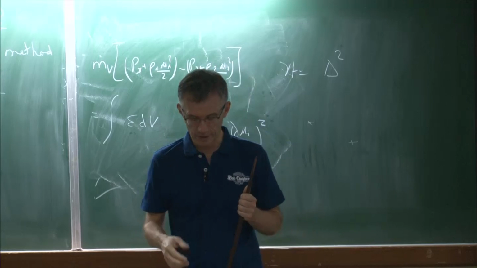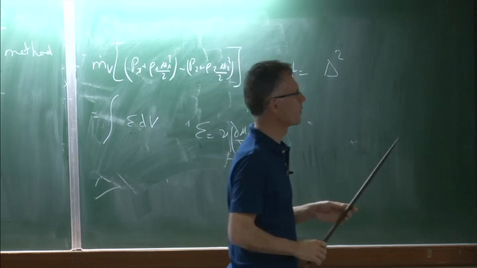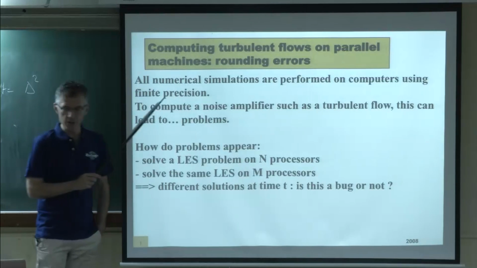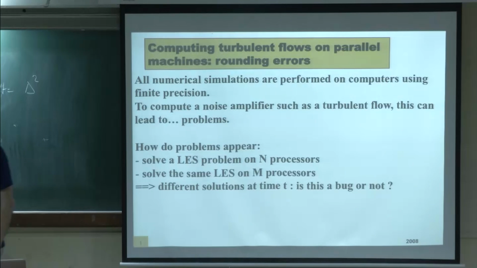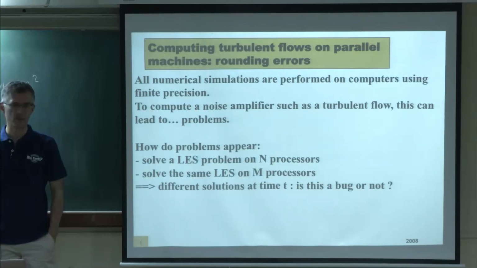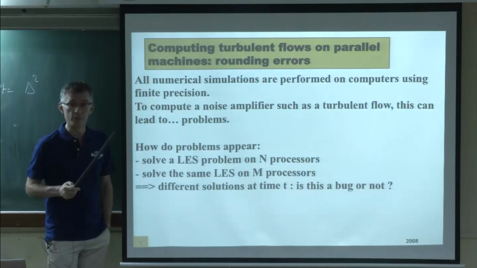So if you start doing a good and non-dissipative computation, you're going to hit this problem pretty soon. The first thing I want to mention is that, of course, every computer you use has limited precision. You can go to single, double, or quadruple precision, 10 to the minus 64, and even so you don't have infinite precision.